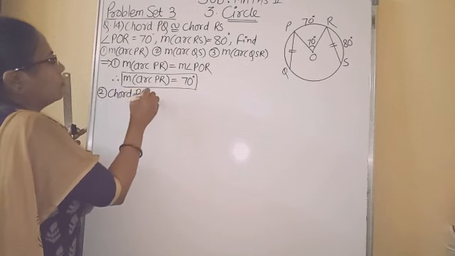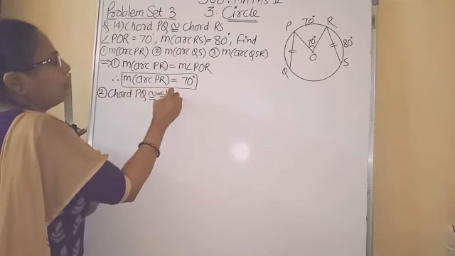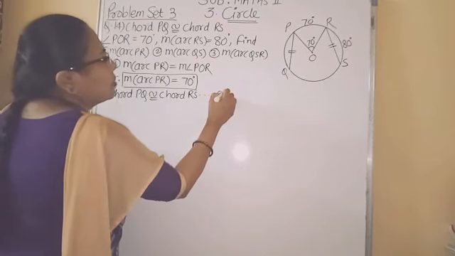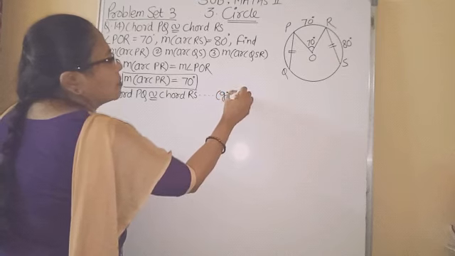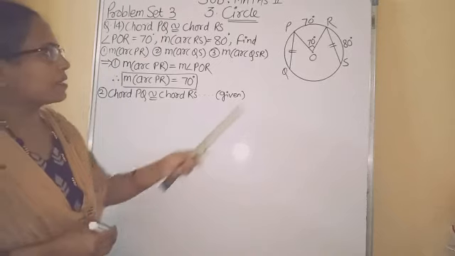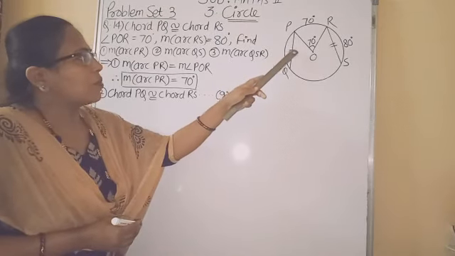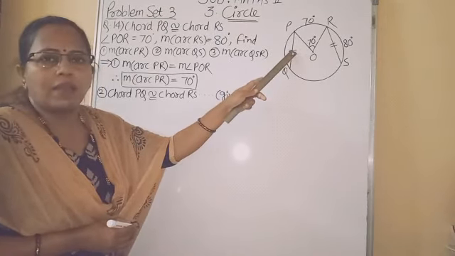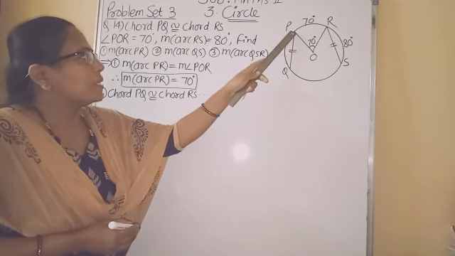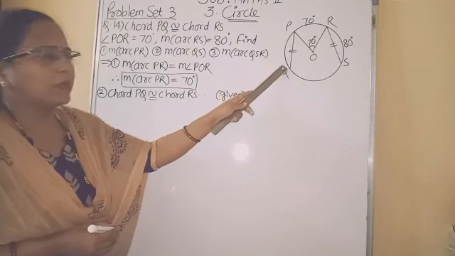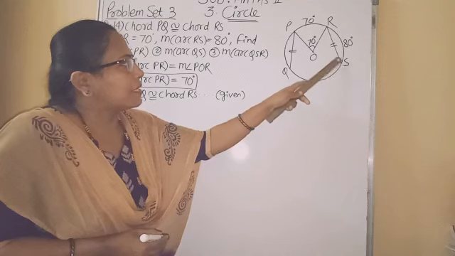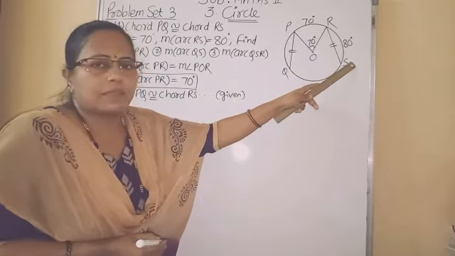We studied a theorem in a circle: arcs corresponding to congruent chords are congruent. The arc corresponding to chord PQ is arc PQ, and the arc corresponding to chord RS is arc RS.